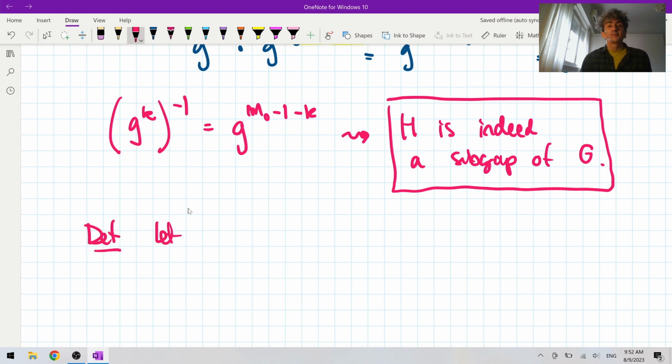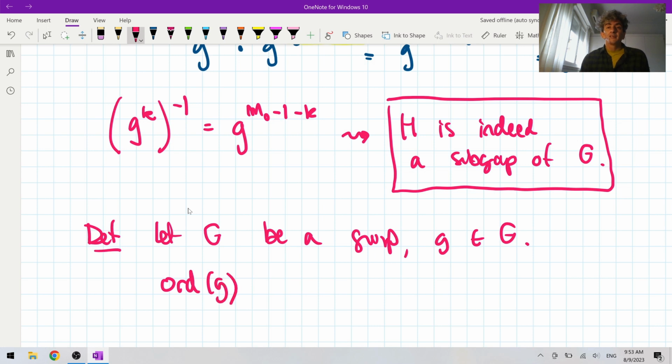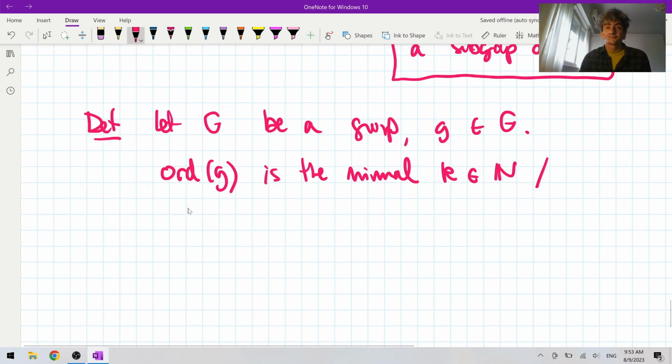Let G be a group, g an element of the group, and the order of g is the minimal k belonging to N such that g to the k equals the identity element.